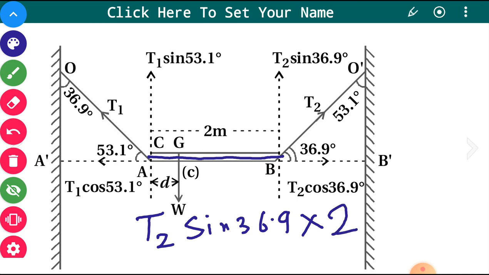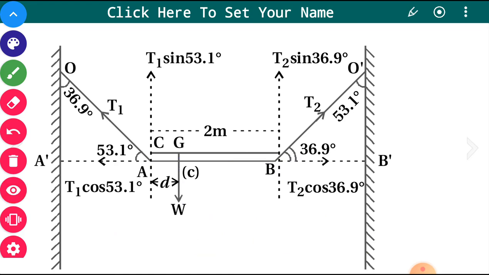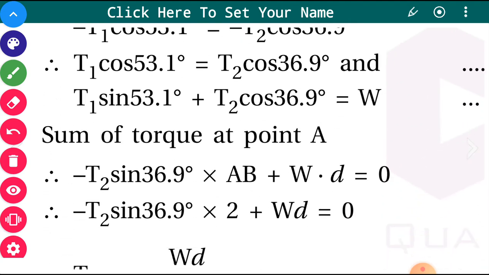If you take this as positive, then the other torque is force multiplied by perpendicular distance. Force is W, perpendicular distance is d. Now if you take this torque as negative, then this must be positive, and this is equal to 0. That is given in the next equation.